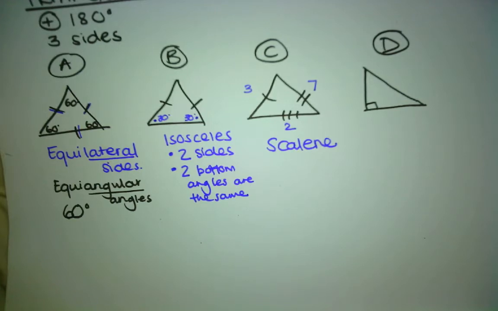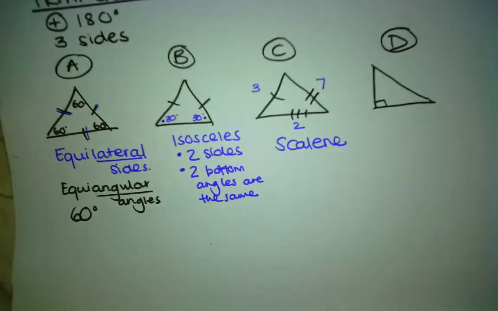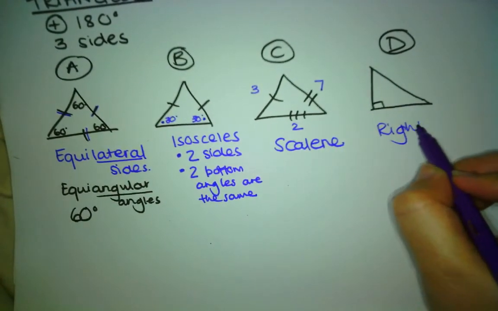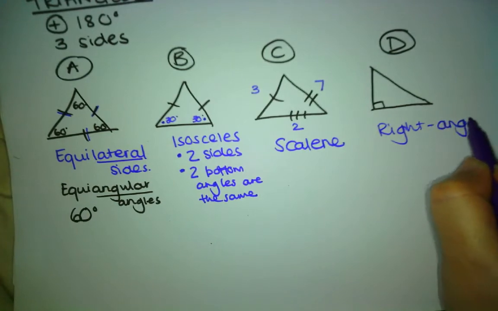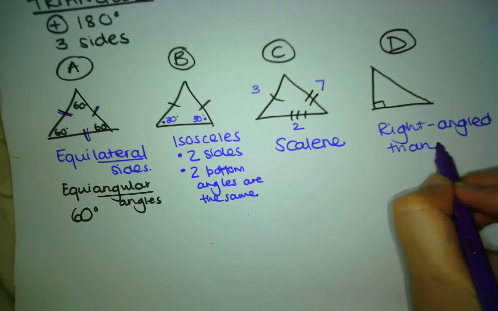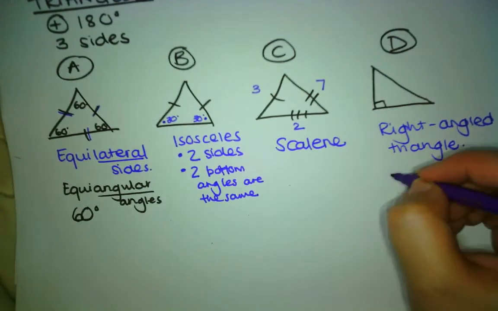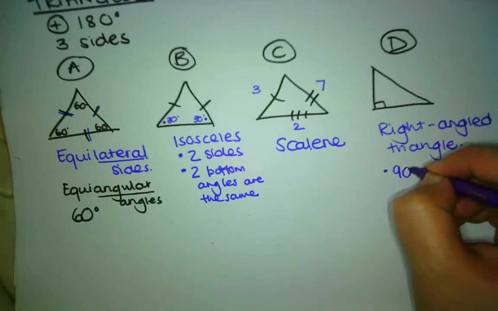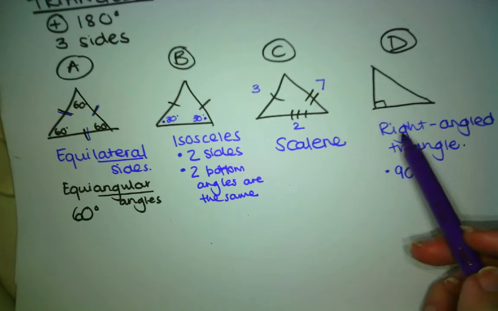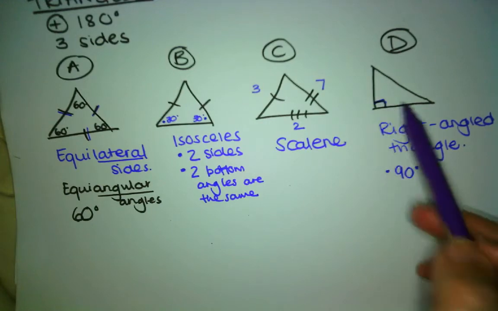And then the last one, we have a right-angled triangle. That means we have a 90-degree angle inside our triangle. So there's our 90 degrees, wherever it is.